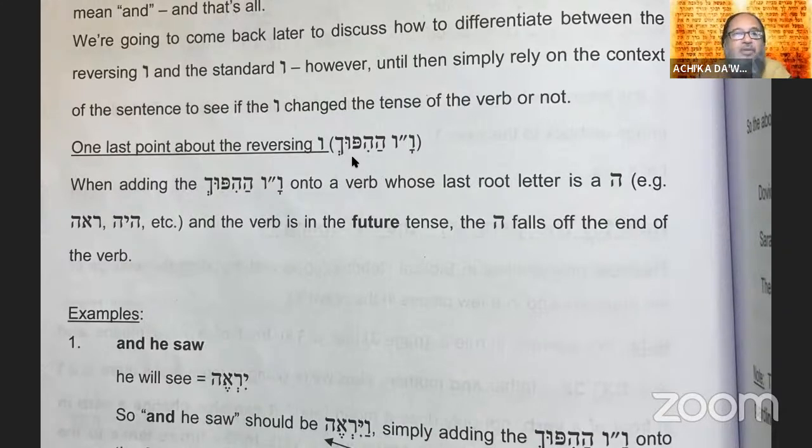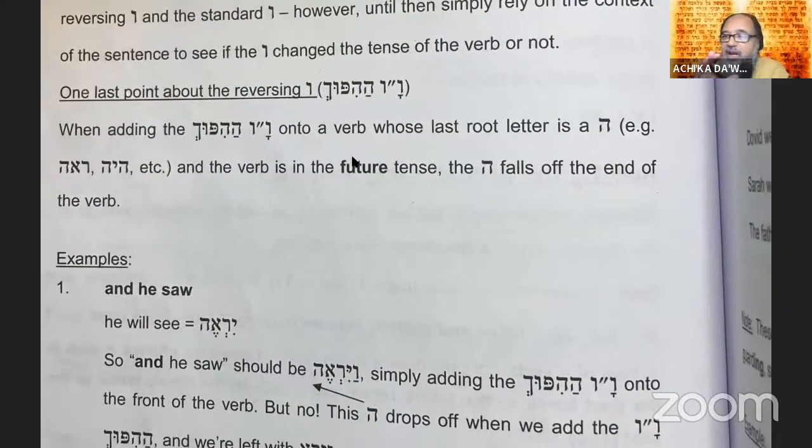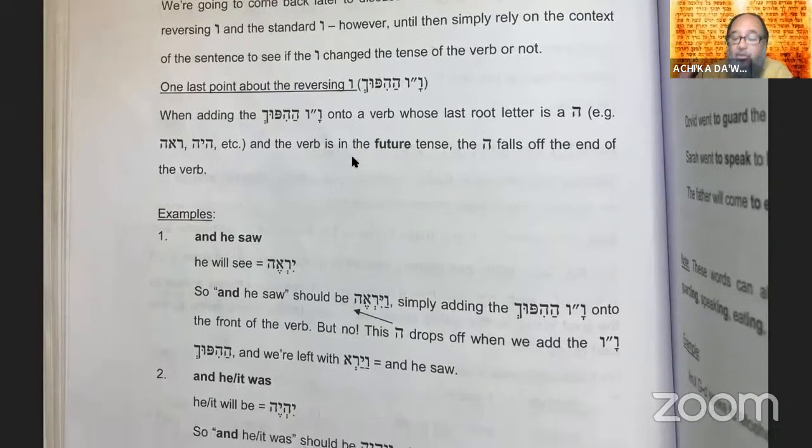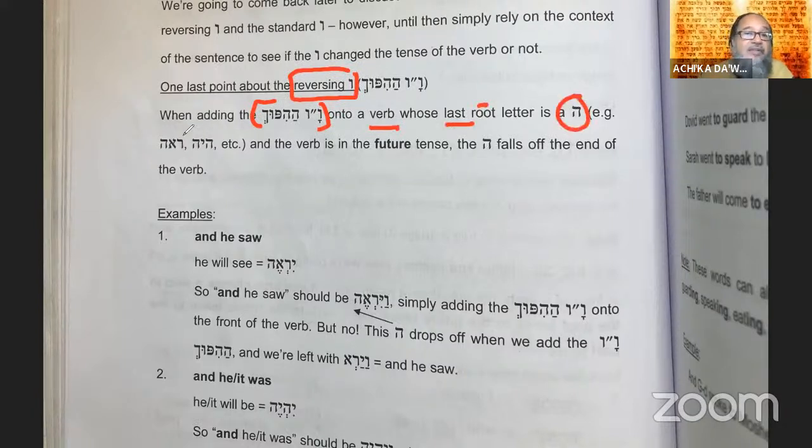Okay. So one last point on this vav, on this reversing vav, that they want us to know is that when you're adding it onto a verb, this is very important. When you're adding the reversing wa right here, because that's what it is, to change the tense onto a verb whose last root letter is a hey, okay? And they're giving us an example of ra'a or haya.